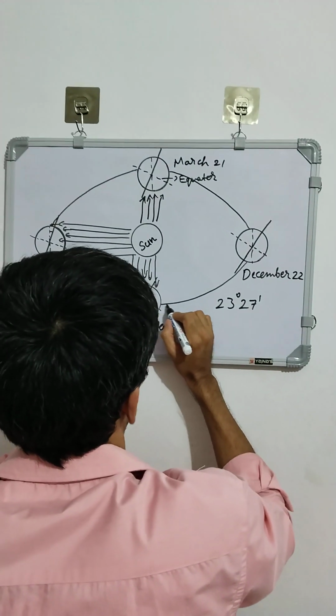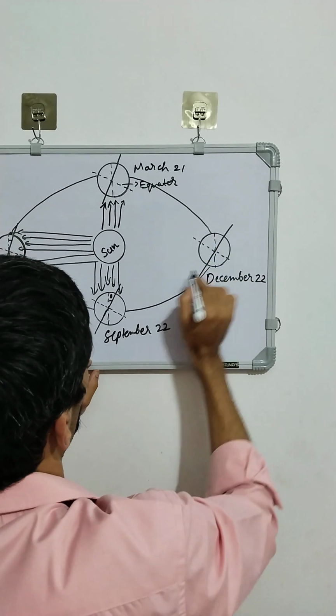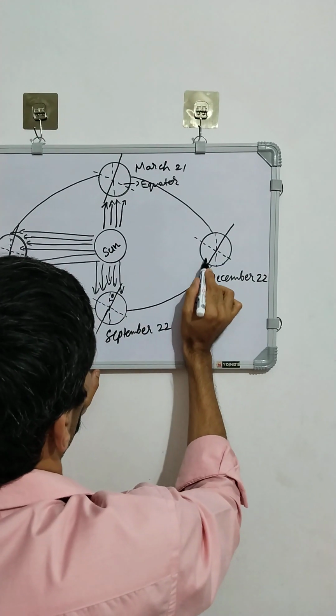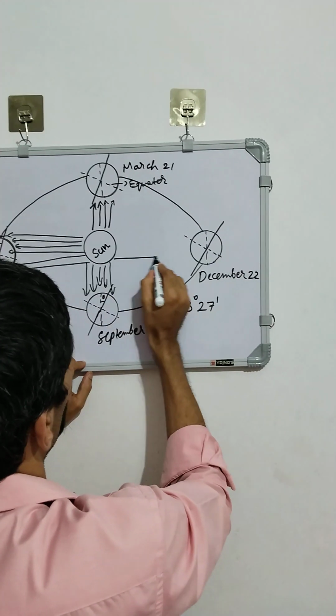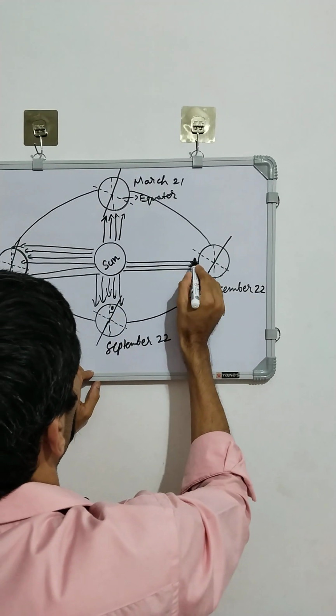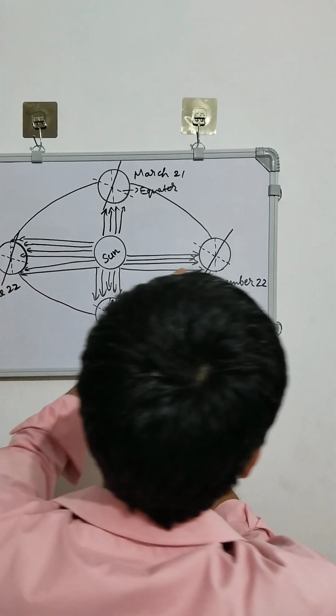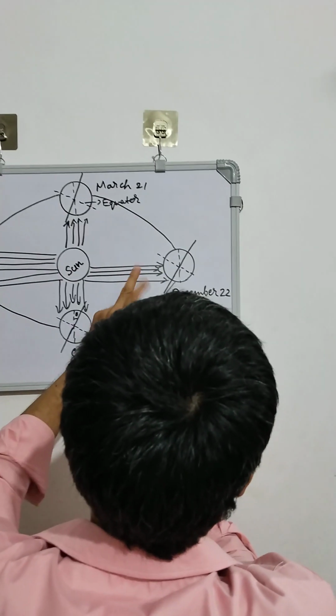Now as the Earth moves and comes here, we see that its southern hemisphere is more inclined towards the Sun, so the rays of the Sun will be striking the southern hemisphere directly, and because of this, the southern hemisphere will get more light.